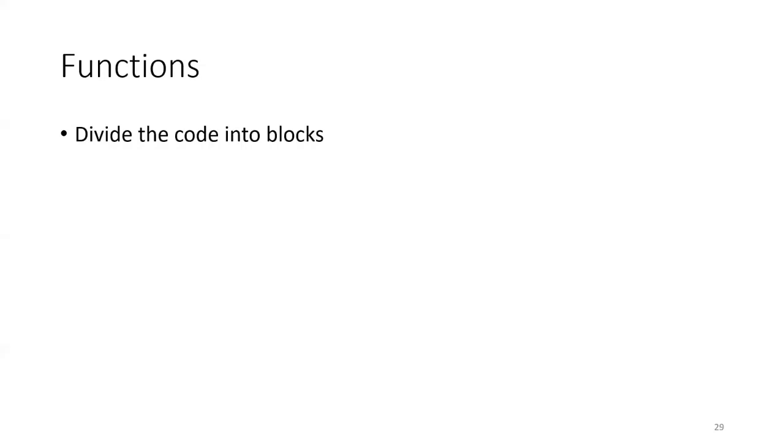Functions divide the code into blocks and allow us to give a good order to our code. If we don't have functions, then we would simply write all lines of code sequentially, one after another. So the code is not structured, not ordered, which is not good, especially when your programs become a little bit bigger.